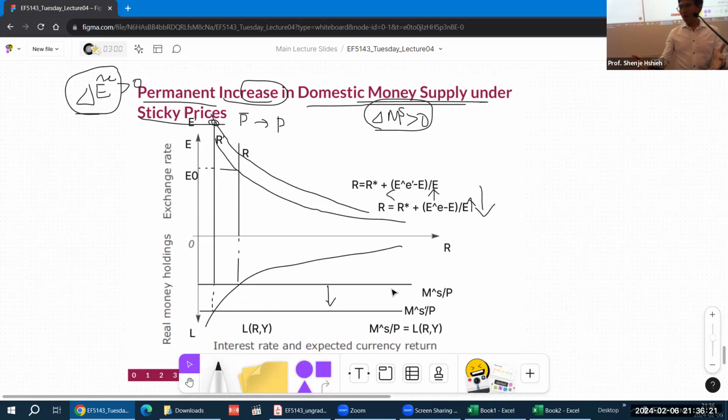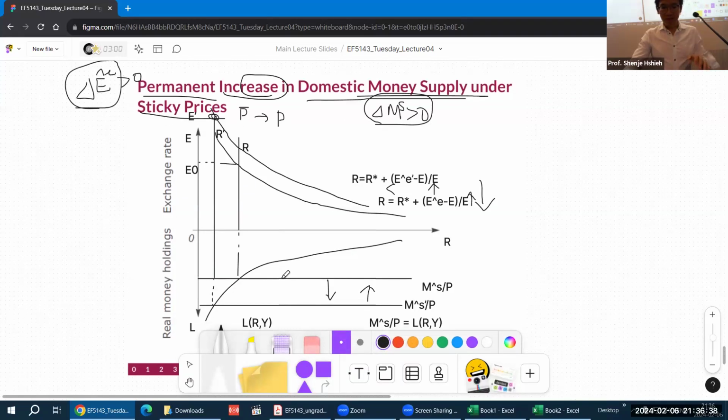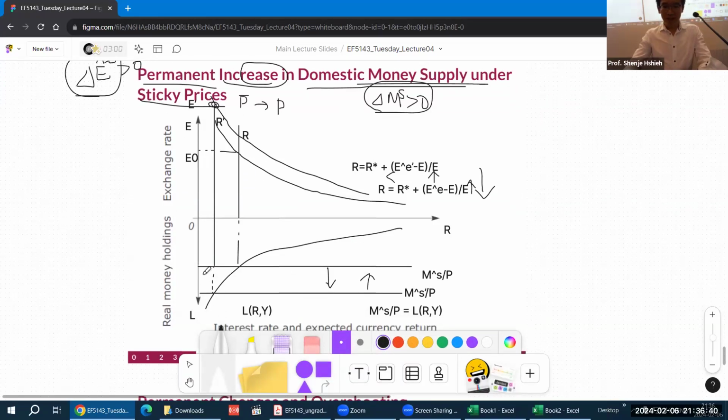Now let's transition to the long run. In the long run, we have prices being flexible, and now they will respond to the change in money supply, assuming no other changes in the money supply. In which case we have this curve moving back, right? So maybe before that analysis, let me highlight the short run conclusions.